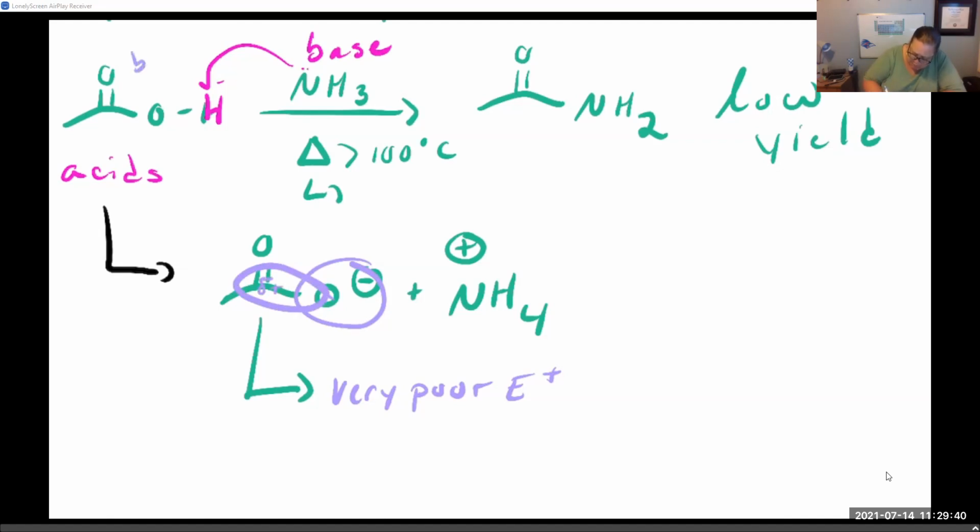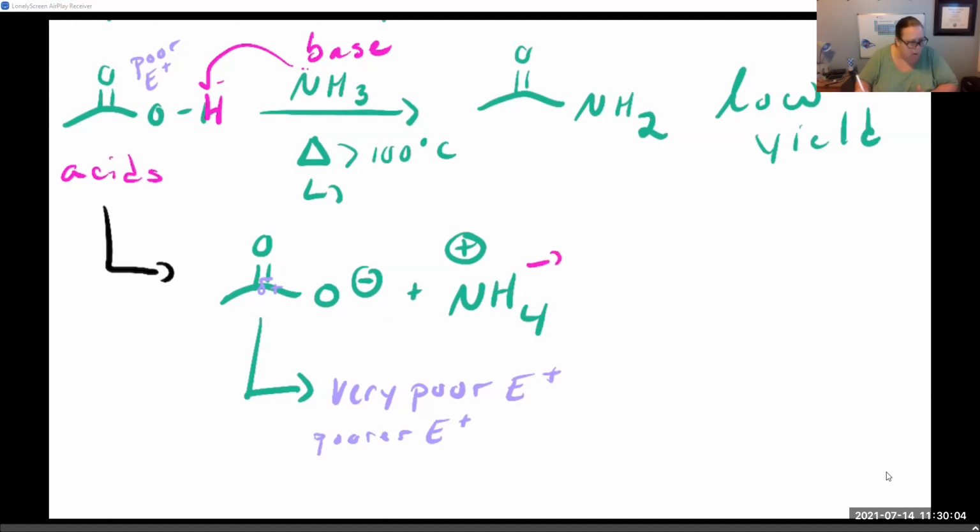So the carboxylate is a poor electrophile, a poorer electrophile than the carboxylic acid. And what about my ammonium? Is ammonium a base anymore? Can it be a nucleophile?